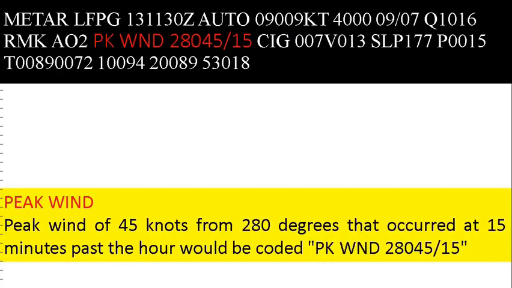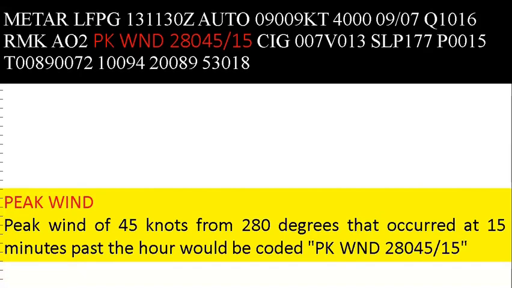Peak wind. The first three numbers, 350 or 280 here, indicate the wind direction it is coming from. The next two numbers, 45, indicate the wind speed in knots. The number after the slash is the time after the hour. The 15 in this case means the peak wind happened at 15 past the hour.